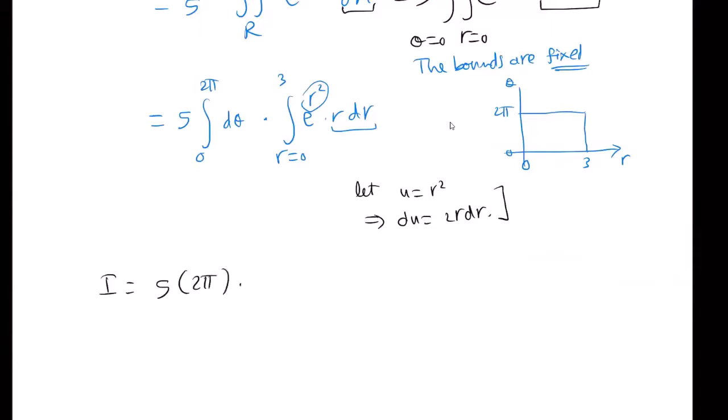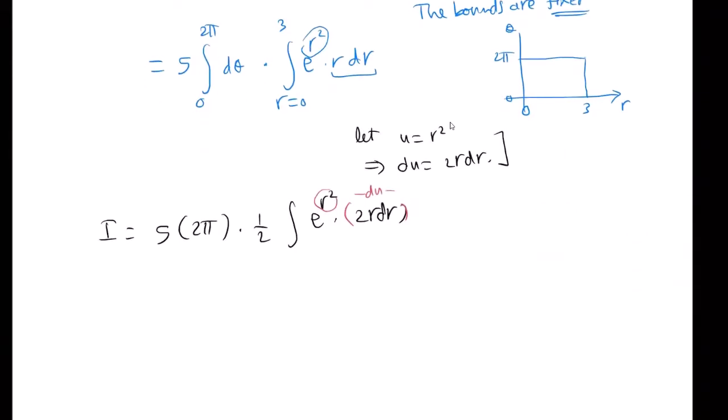This is easy, and we can put it directly here. We need a half and e to the r squared 2r dr. Why is that? Because we need the derivative. Think of this as u, and this is du. And r from 0 to 3. We can cancel these 2 and go on. 5 pi.